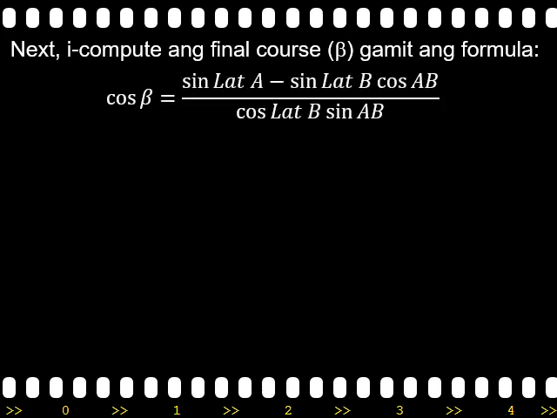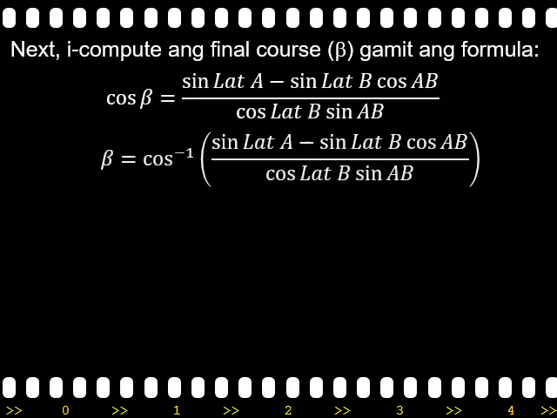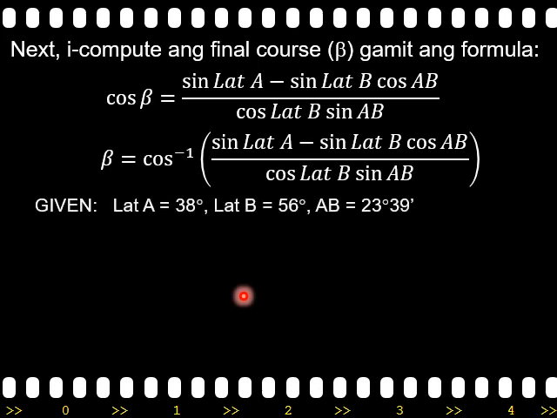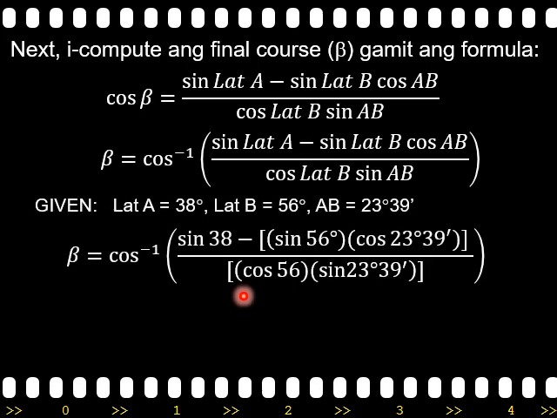Okay, next, i-compute natin ang final course beta gamit yung formula na dinerive natin kanina. Okay, so, kung isa-substitute natin to sa mga values, so again, gagamitin nyo lang yung values ng lat A, lat B, at saka AB. So, in this case, ang makukuha nating final answer for this one is, ayan, 129 degrees and 51 minutes.